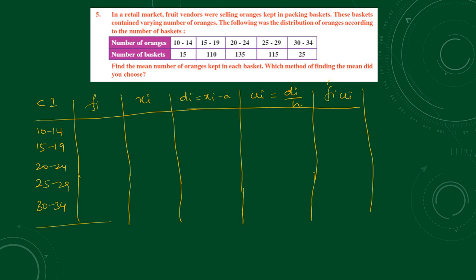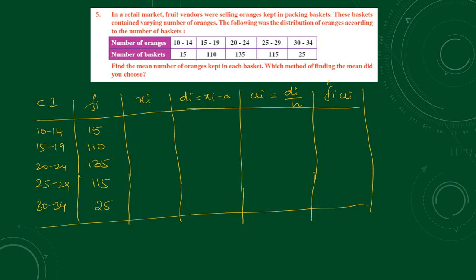When exclusive classes are given, there is no need of changing them into inclusive classes to find the mean, because the mean is completely based on the mid values. The frequencies are 15, 110, 135, 115 and 25.